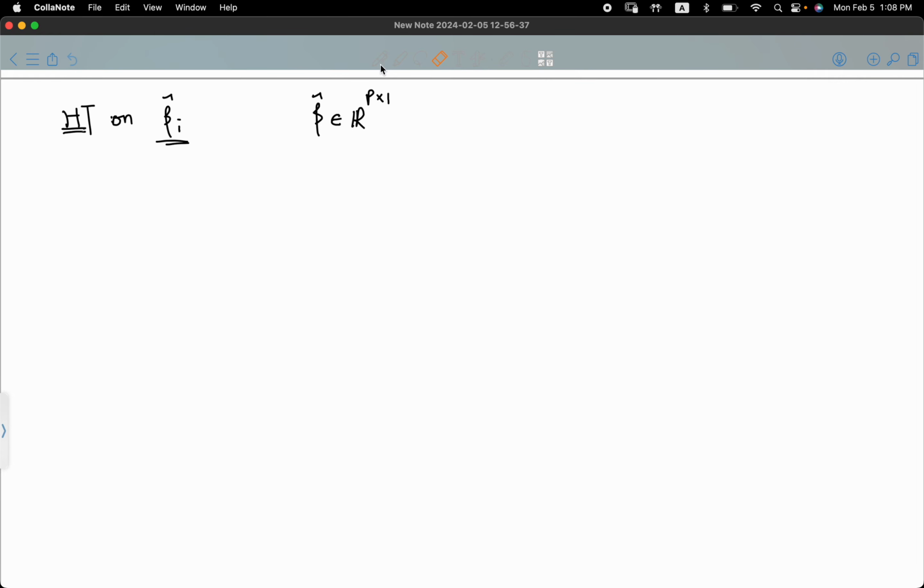But in order to do that, we need to talk about the distribution for this. And it is actually following a t distribution. So we need to derive this conclusion here.